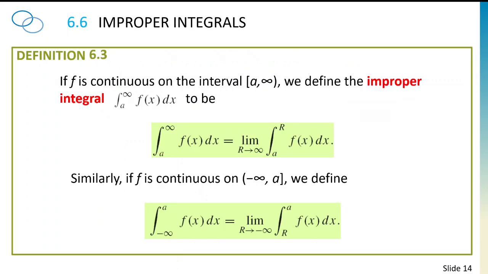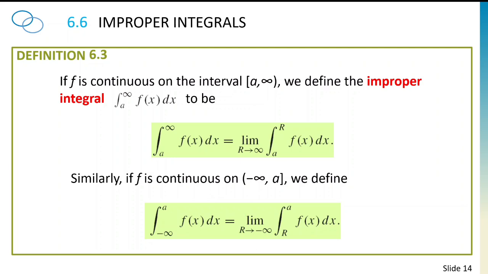So we get something similar to the previous definition. The integral from a to infinity, I replace with r, but here there's no right or left. We take r to be a very large number approaching infinity, and r approaches negative infinity if it's the lower bound. We deal with the limit as r approaches infinity or negative infinity.